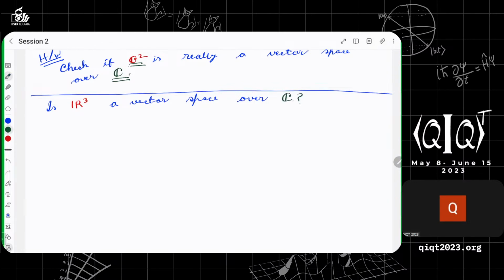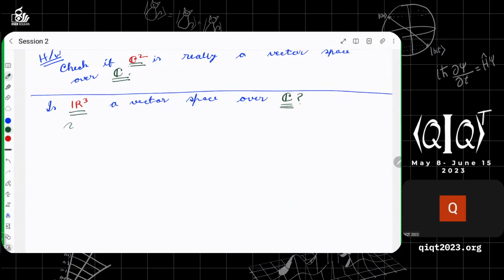So if I consider my field, or set of scalars, to be the complex numbers, then is R3 a vector space? Can somebody enlighten me? I think closure under multiplication is defeated because you can multiply by i and take the vector out of R, right? Exactly. Yes.